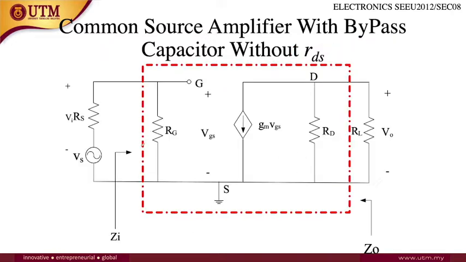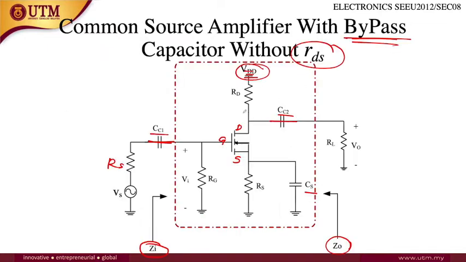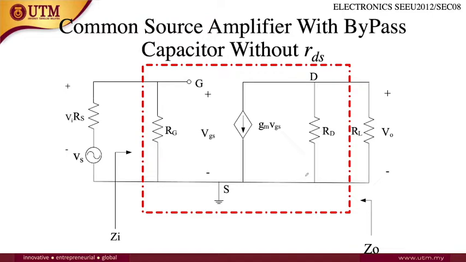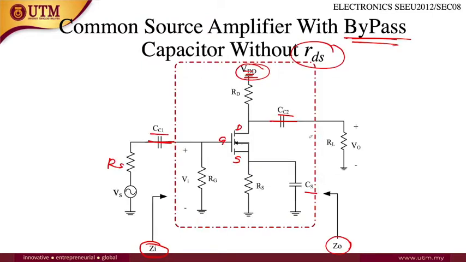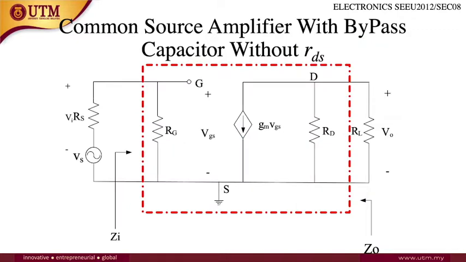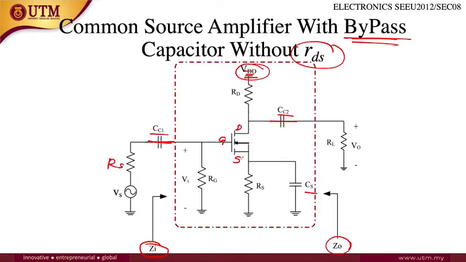So the input impedance is here, and then drain. For the drain there is RD, and both are connected to ground. This is ground, and this is also ground, and then the source.